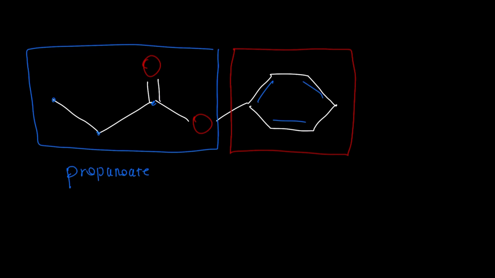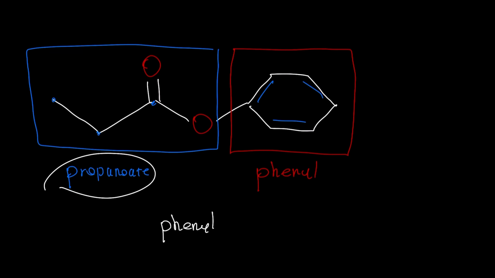On the right side, we have a benzene ring with no extra carbons. It's just 1, 2, 3, 4, 5, 6 carbons, which a benzene usually has. So there's a substituent, and this is going to be called phenyl. Therefore the name of this compound is going to be phenyl propanoate. You put the substituent first, and then you put the parent chain name.